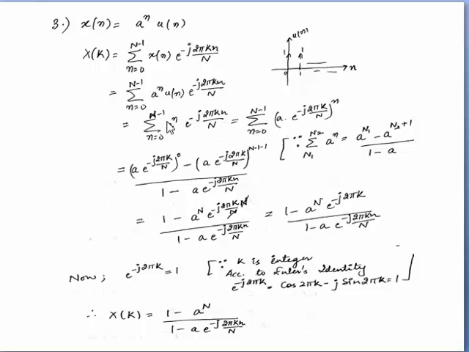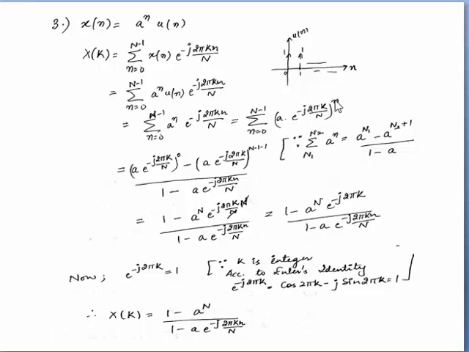Then take n as common, so it becomes summation n from 0 to N minus 1 a into e raised to power minus j 2 pi k over N, the whole raised to power n.